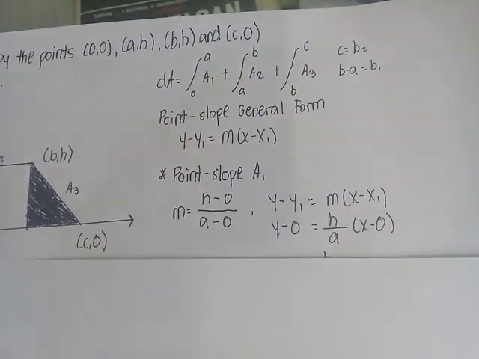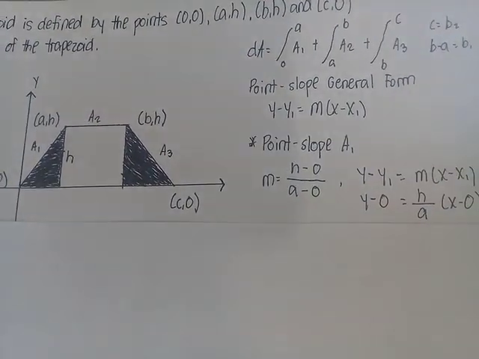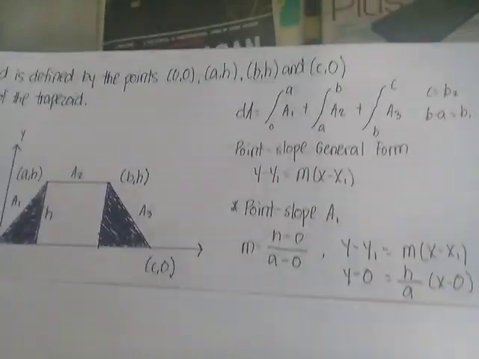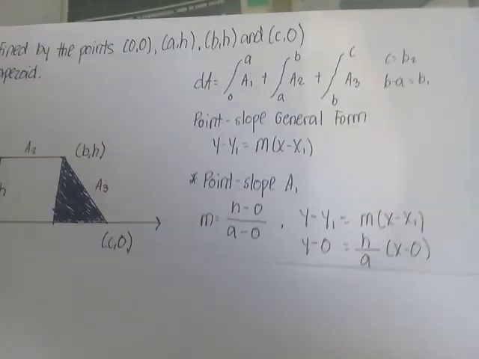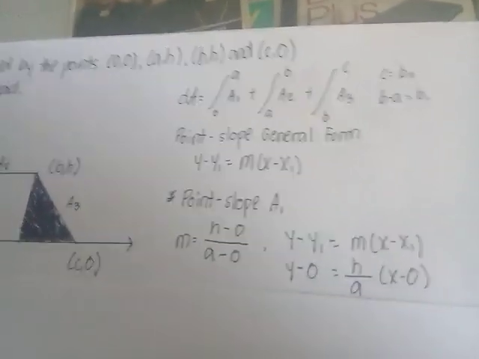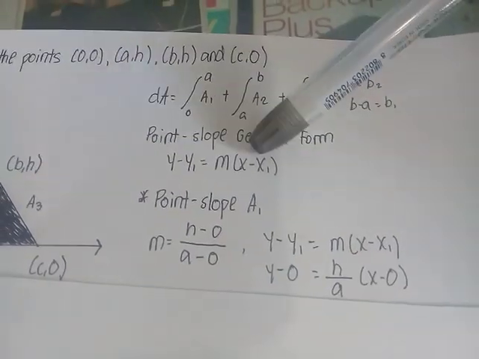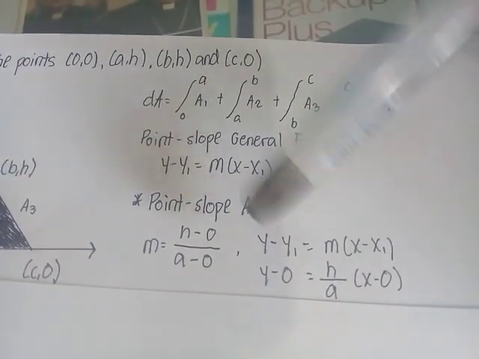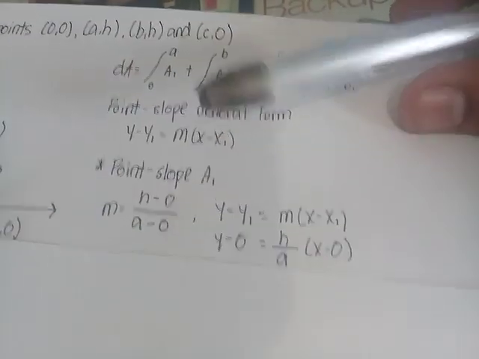To get the point slopes, we will get the point slopes of A1 and A3. For the point slope of A1, we will get the slope m. So m is equal to h minus 0 over a minus 0, and then we substitute it here. So y minus y1 equals m times x minus x1.